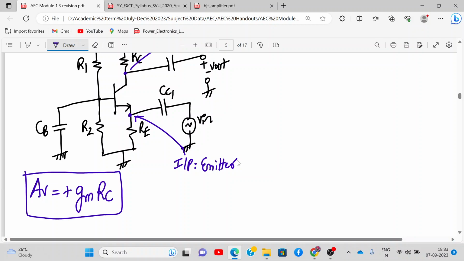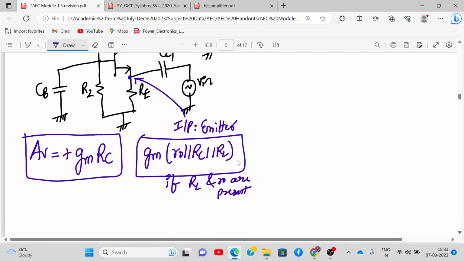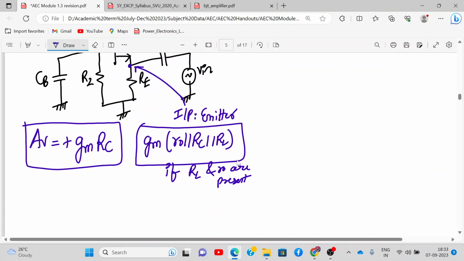If RO and RL are present, then the formula will be RO parallel to RC parallel to RL. Same formula but plus sign, so input and output are in phase.